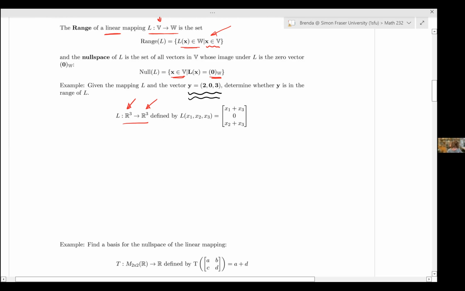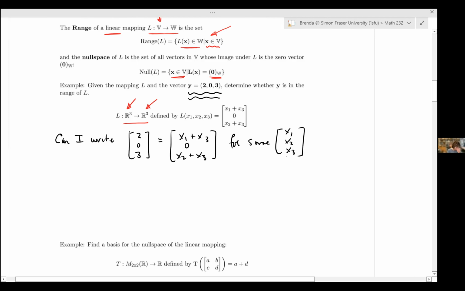Okay, so let me write that down. Can I write (2, 0, 3), the output, equal to (x1 plus x3, 0, x2 plus x3) for some input vector?